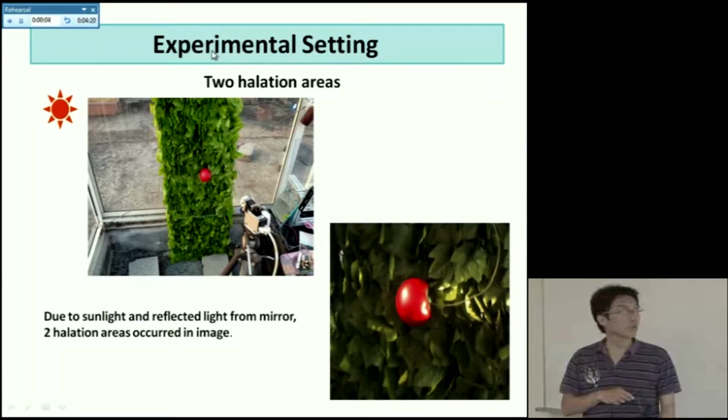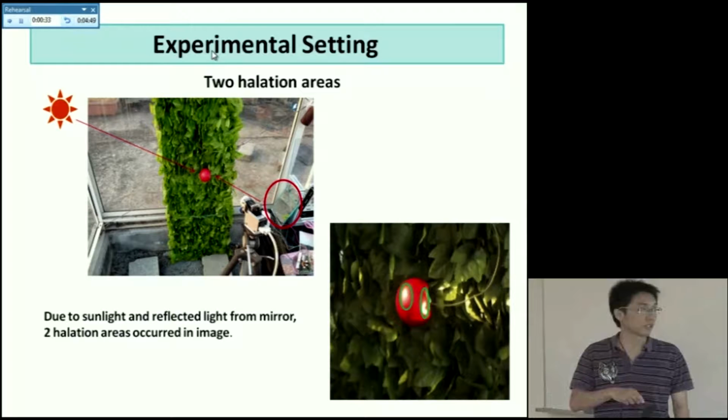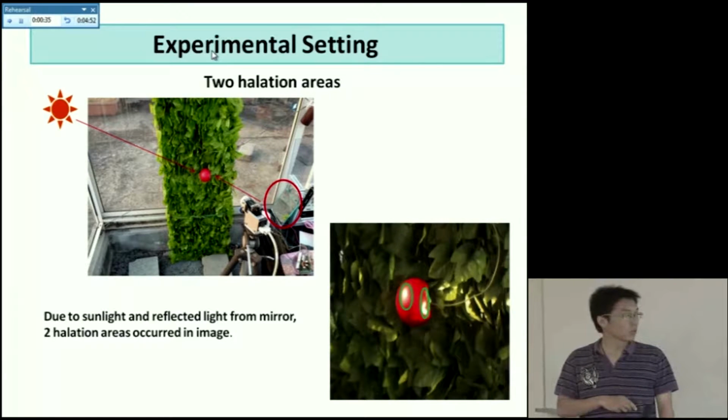Because we want to solve the multiple halation area problem, in this experiment, one halation is caused by the sun, and this left part halation appeared on the tomato surface, and because of the reflected light from this mirror I set here, another right part halation can be observed on the surface. So by this, two halation areas occurred in these images.